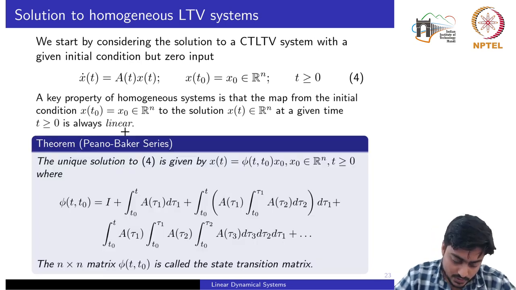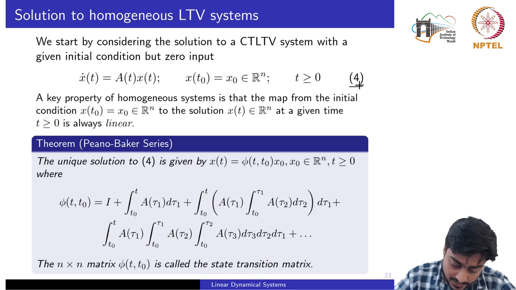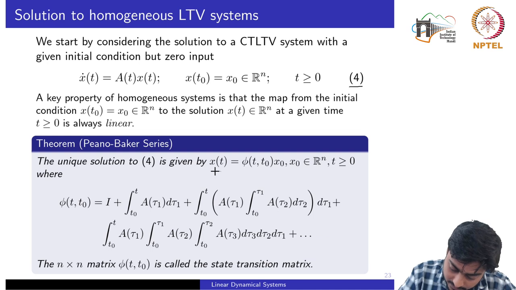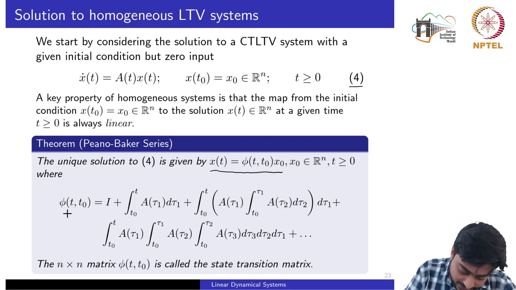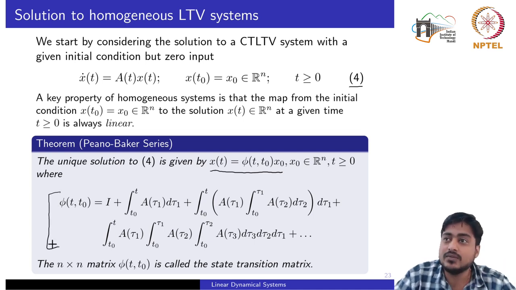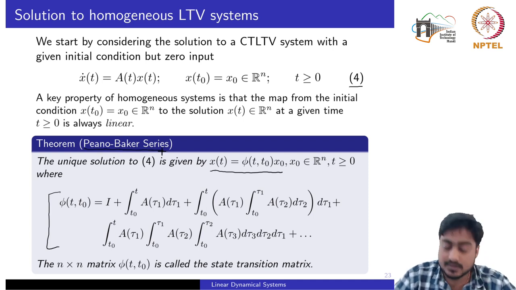Now we introduce a theorem which gives us the solution of equation 4, the homogeneous LTV state space equation. The unique solution to 4 is given by x(t) equal to phi(t, t naught) times x naught, where x naught is the initial condition, and this response is valid for t greater than or equal to t naught. Here phi(t, t naught) is computed by a never-ending series which we call the Peano-Baker series.